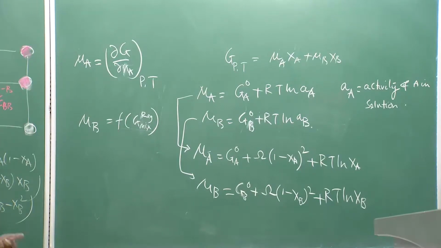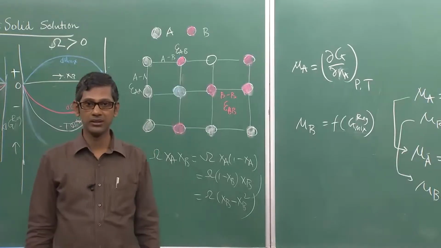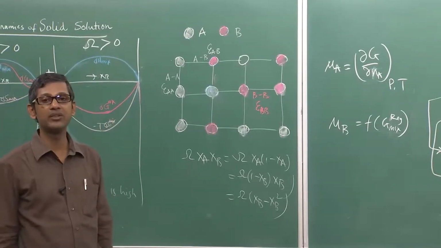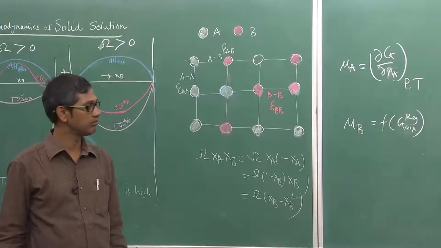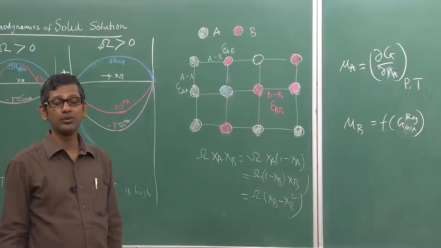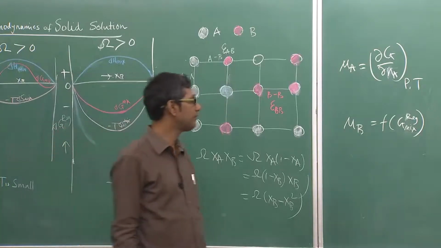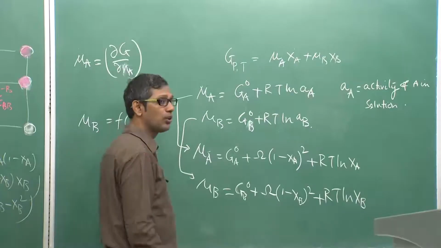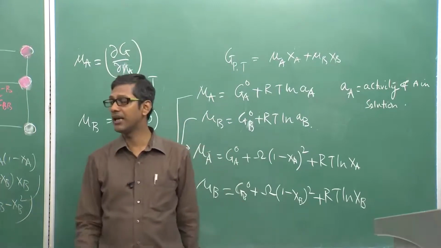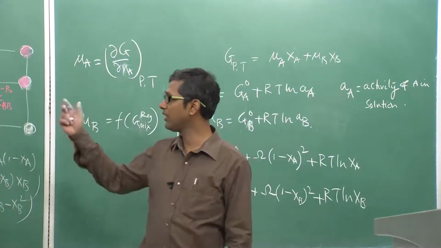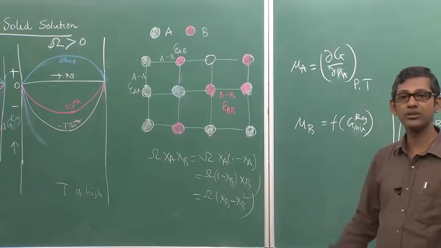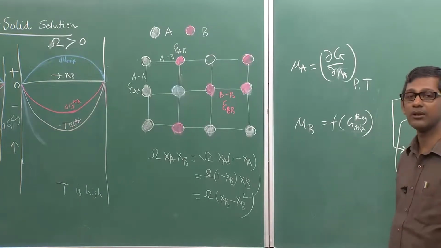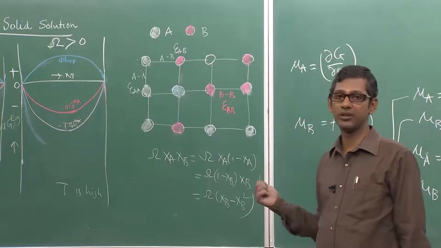The chemical potential actually determines the relative stability of the phases. Stability of the phases depends on whether the chemical potentials are equal or not at the interface. So finally it boils down to this: the whole quasi-chemical theory allows you to not only get G or delta G mix of regular solutions, but also calculate the chemical potentials.